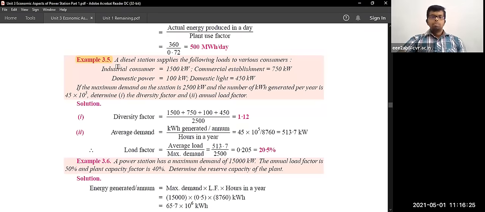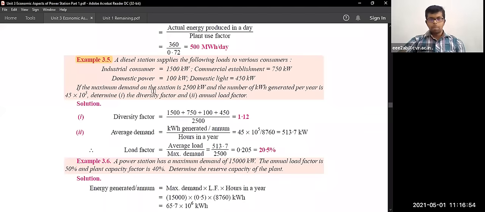A diesel station supplies the following loads to various consumers: industrial consumer 1500 kilowatt, commercial establishment 750 kilowatt, domestic power 100 kilowatt, and domestic light 450 kilowatt.